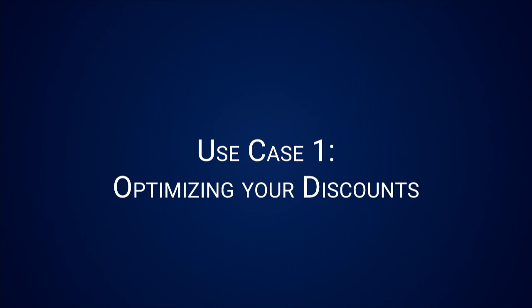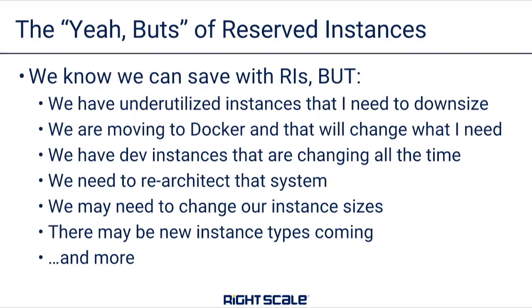So let's launch in first on the first use case, which is optimizing and taking full advantage of discounts. Starting point there, most of us are familiar with what's probably the oldest and most familiar discount scheme out there. It's from Amazon Web Services, called reserved instances.